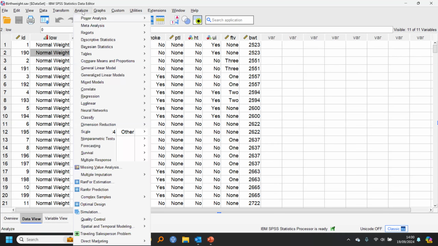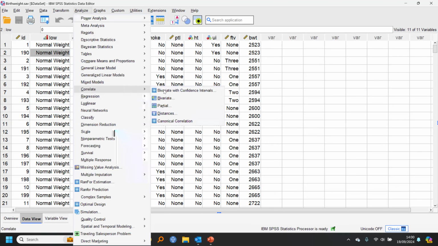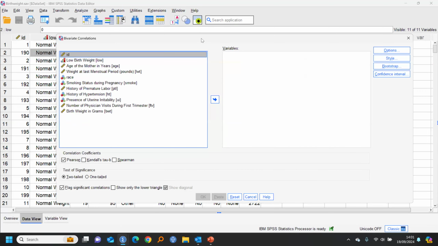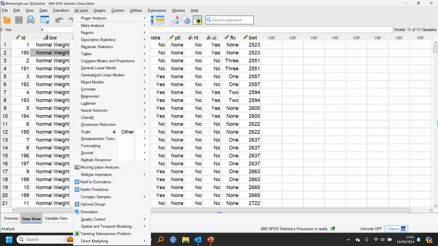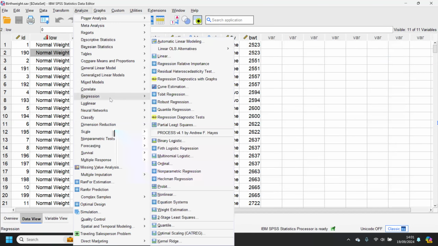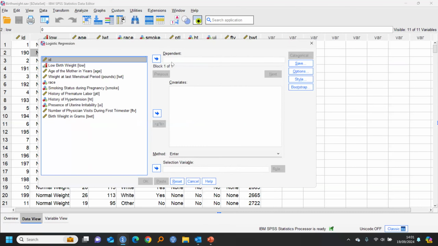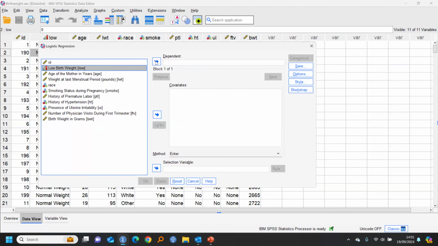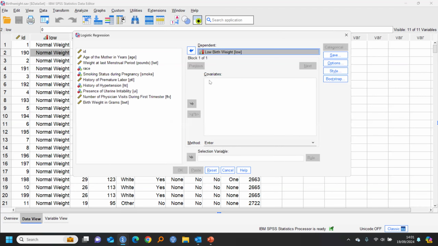Well, if we go to analyze, back down to regression again, and to bivariate. Hold on, I don't want bivariate correlations. Analyze, regression, it's binary, not bivariate, binary logistic regression. We're going to put our dependent variable here. Our independents are called covariates.